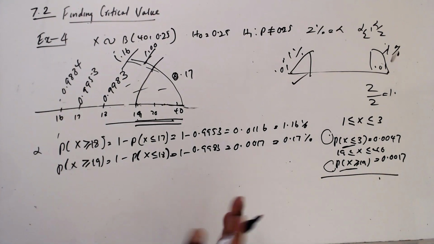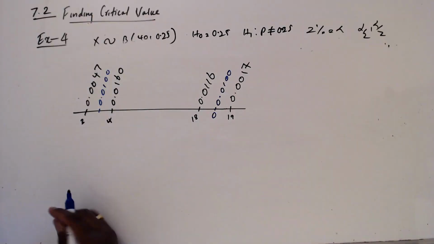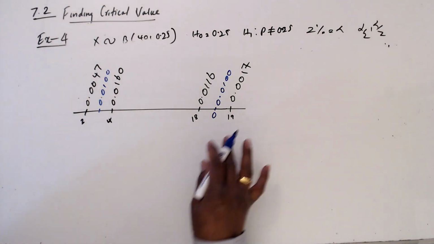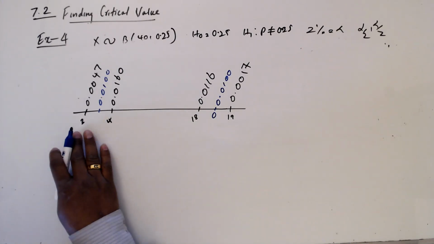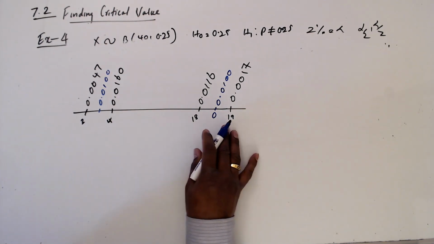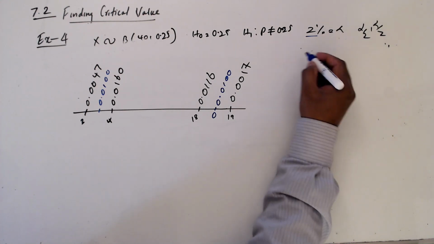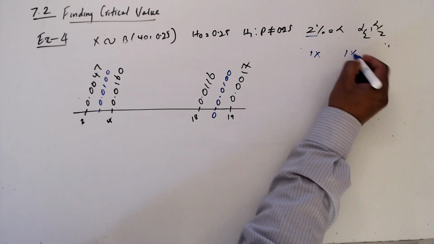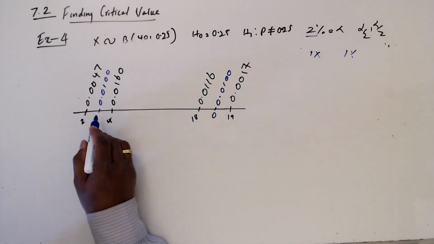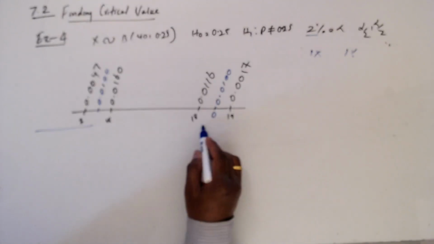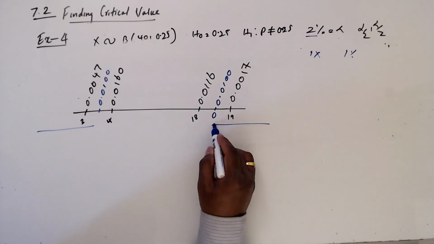So we will see that theory now. I draw this again. This is the lower boundary we discussed. This is the upper boundary. So 2% means we want to give 1% for both sides, 1 and 1. Usually 1 is here from the lower side, and this is from the upper side to here.